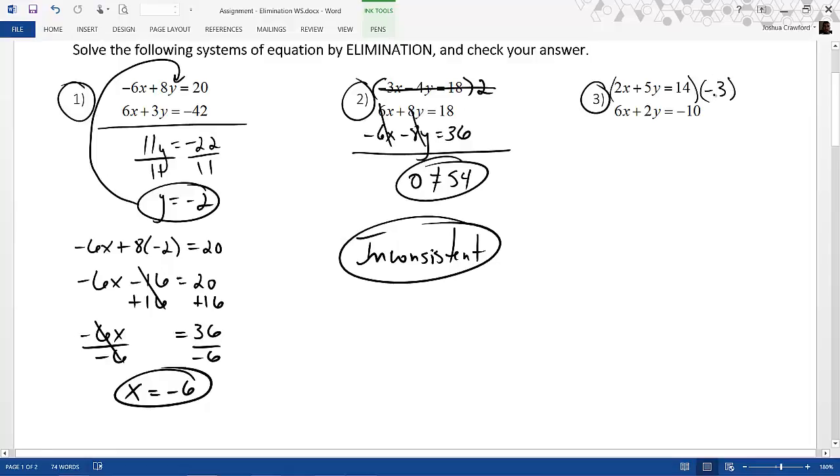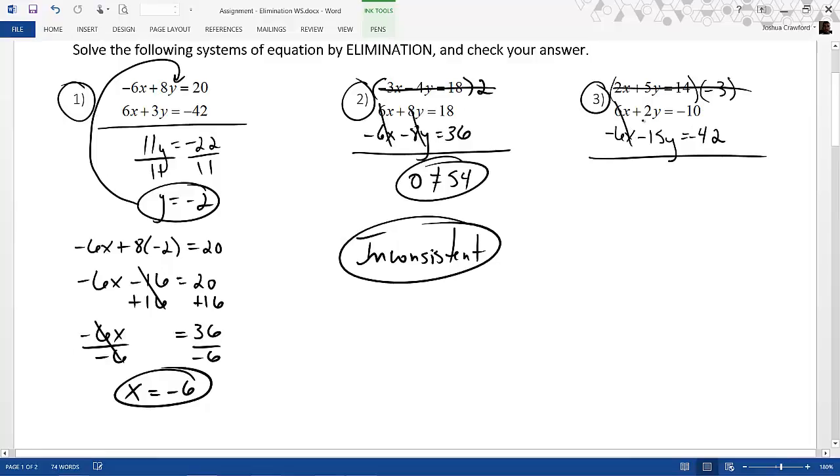We'll get -3 times 2x is -6x. -3 times 5 is -15y. And -3 times 14 is -42. Now let's go ahead and add down.